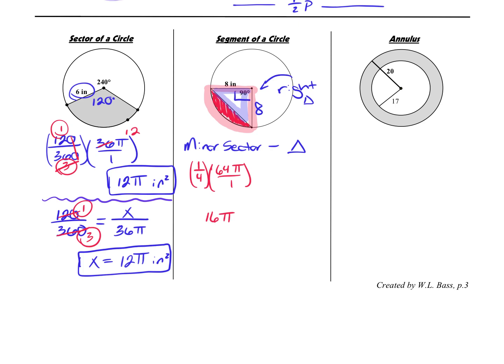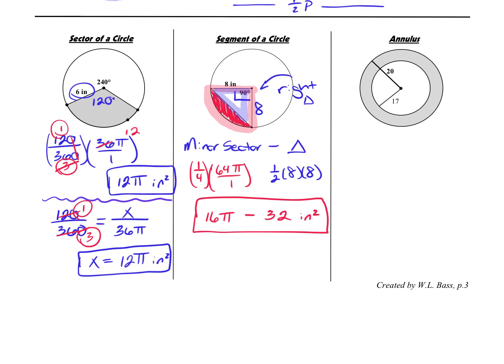So that area is going to be 1/2 times 8 times 8. So the area of the triangle is going to be 32. So our area for this segment is 16 pi minus 32, and it's an area, so we're going to label this as inches squared. Okay, so the minor sector looks just like this process, and then the area of our triangle, we're just going to think back to how we do area of a triangle.